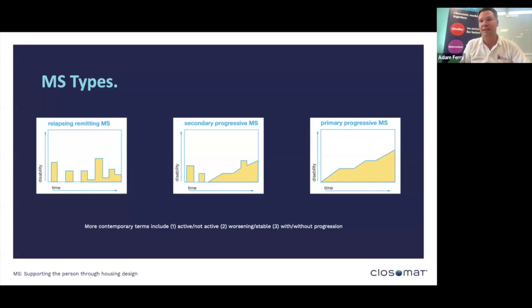There's just that steady increase in impairment or level of disability over a period of time. And the more contemporary terms are included at the bottom. So relapse remitting is active or non-active, secondary progressive is worsening or stable, and primary progressive is with or without progression. So if you come across different phrases, that's just what they mean, but essentially they're saying the same thing. They're just using slightly more contemporary language to diagnose it.